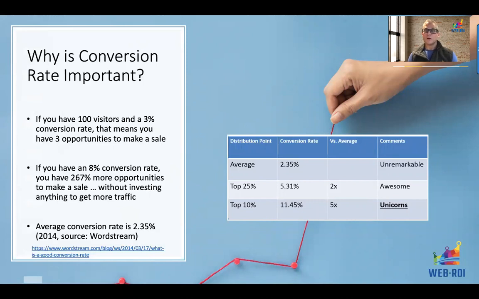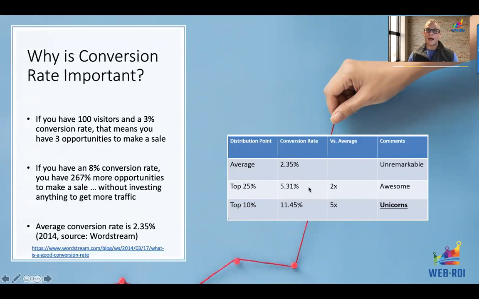So it's a few years old now. I know that the average conversion rates have improved somewhat over the last couple of years by 1 or 2%. There's still a lot of very underperforming websites that are not converting as many leads or visitors as they could be.